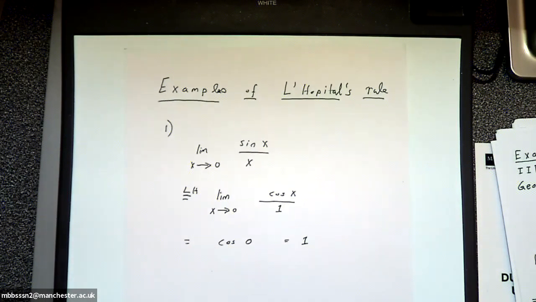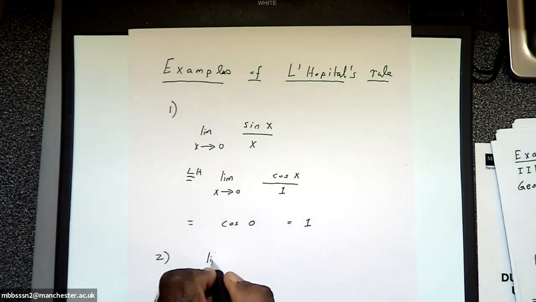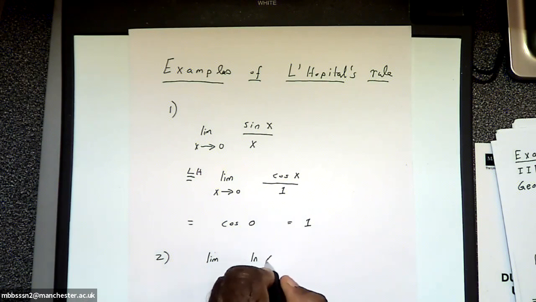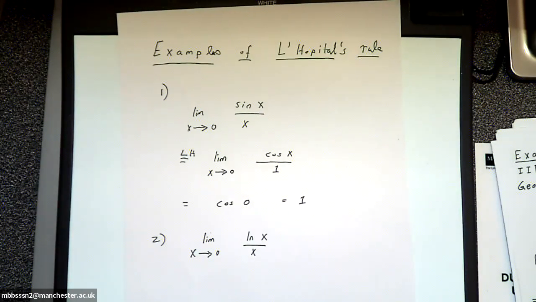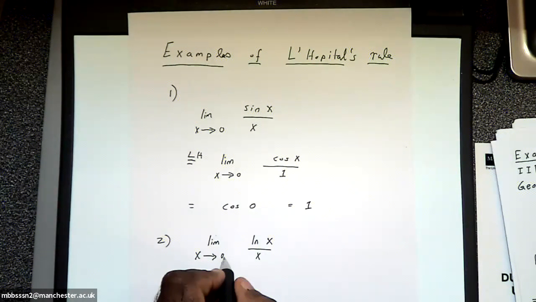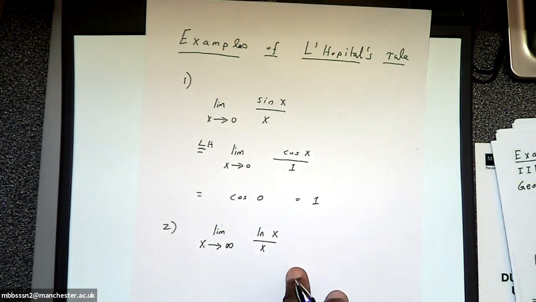Another example is the limit of ln of x divided by x as x approaches infinity. Now, log of infinity is infinity, and x is also infinity. So you have infinity divided by infinity, right?